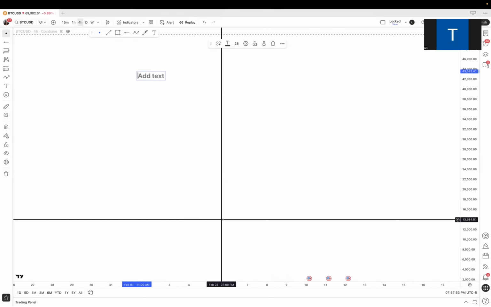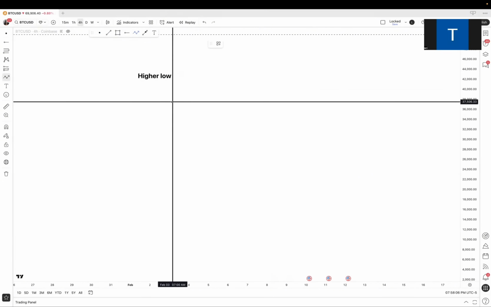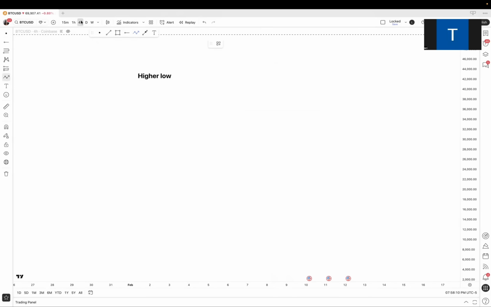So what we're doing is, instead of that, we're looking for price to finish and basically make that higher low that we're looking for. But this higher low is going to be made on, let's say, a 15-minute time frame or a 1-hour time frame, depending on what time frame you're on. If you're looking at the 4-hour, it's going to be probably on the 1-hour or 15-minute time frame.